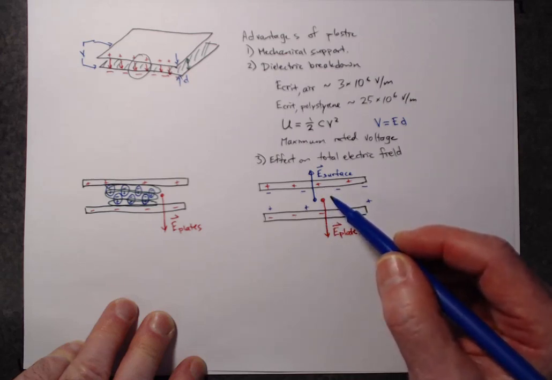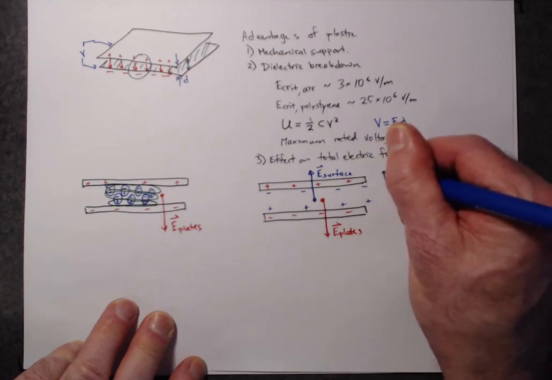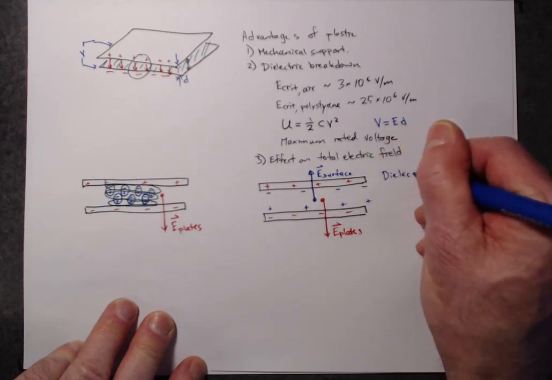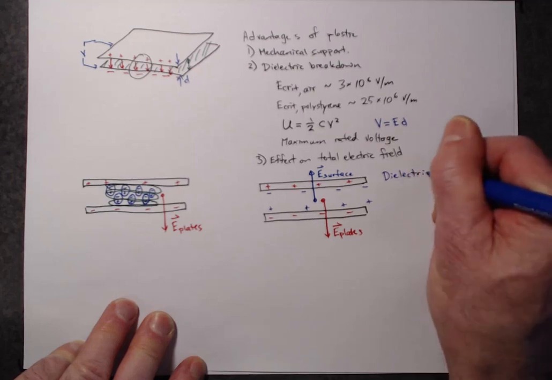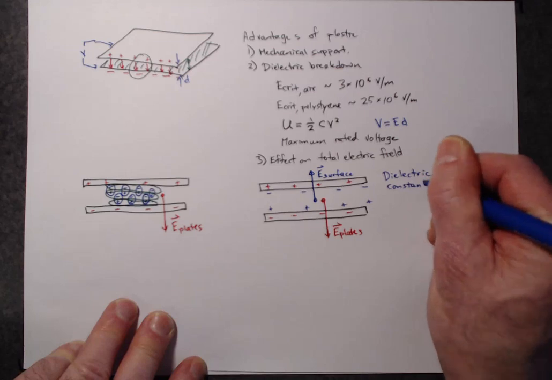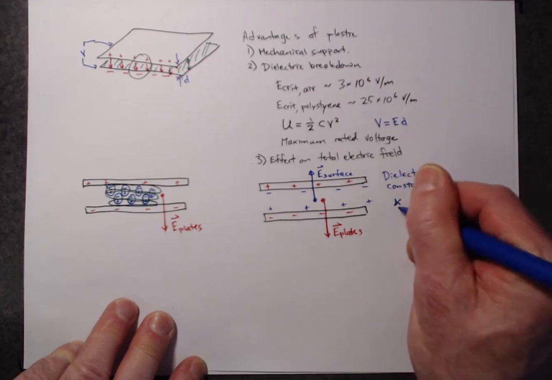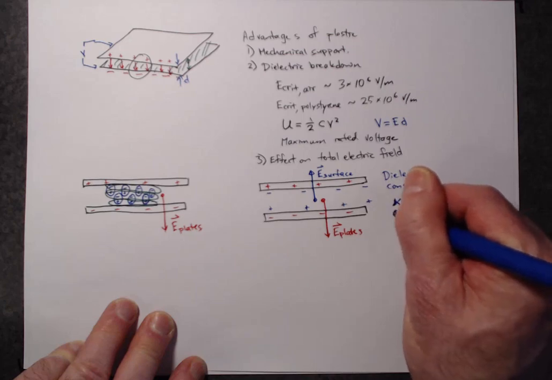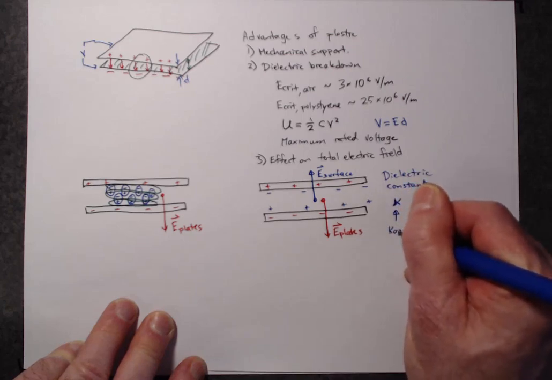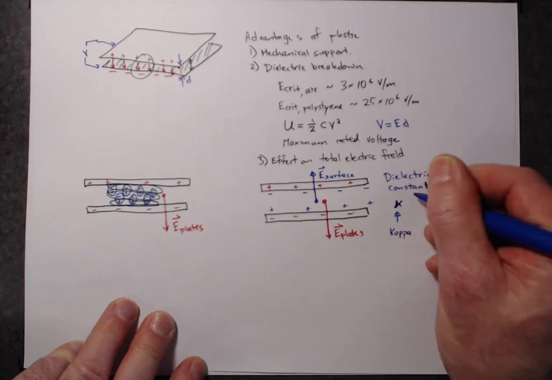In fact, I'm going to define the dielectric constant. Kappa. That's the Greek letter kappa. It looks a lot like a K, but I'm trying to draw it slightly differently with a little bit of slant to it.